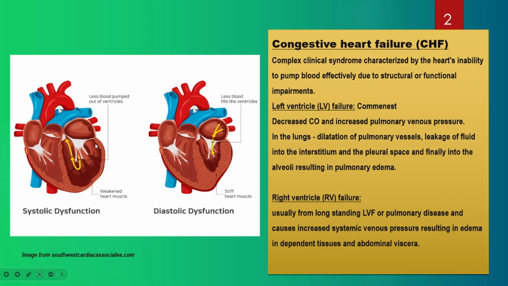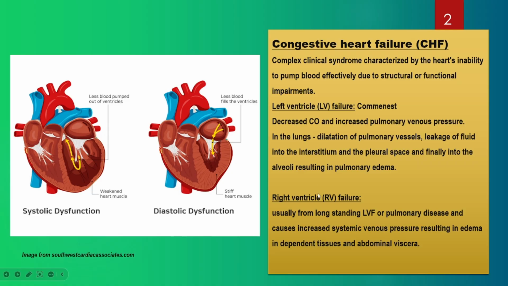Due to reduced cardiac output, there will be increased back pressure from the left ventricle to the left atrium and then to the pulmonary veins, causing increased pulmonary venous pressure, leading to leakage of fluid into the interstitial space and then into the alveoli, resulting in pleural effusions and pulmonary edema.